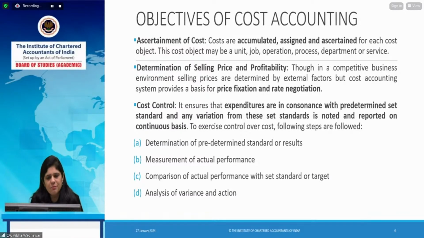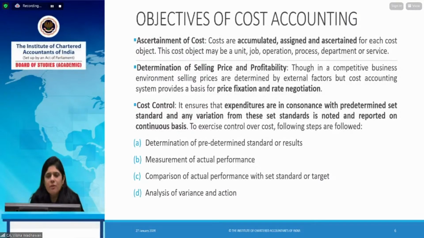Determination of selling price. Of course, costing helps in price fixation because you know the total components of cost, what the cost is made up of. So that is done in cost accounting. And then it helps you get the range of price fixation, how the selling price is to be fixed.